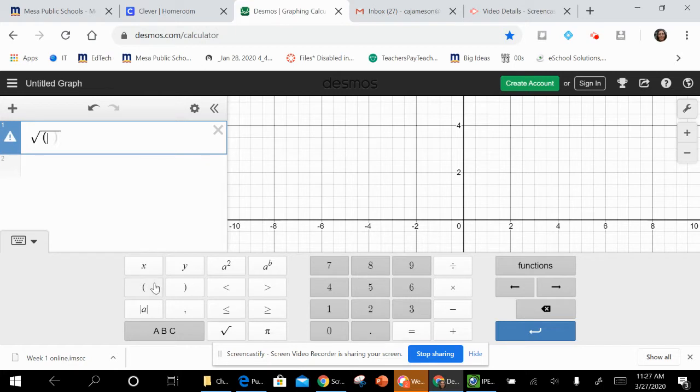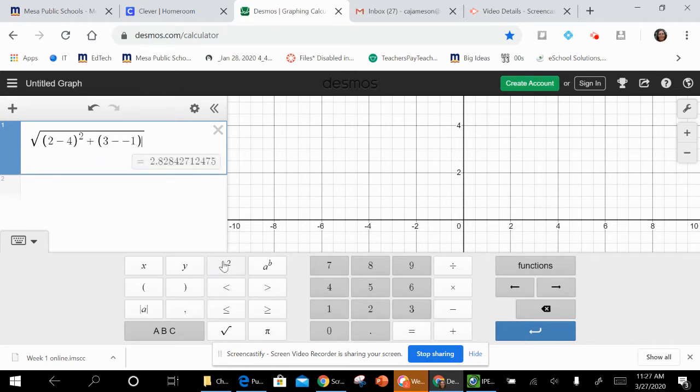I do my parentheses, and then I'm going to do 2 minus 4, and then it goes squared, plus parentheses 3 minus negative 1, parentheses squared.